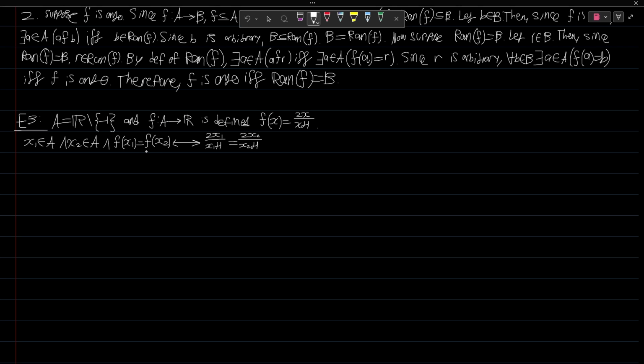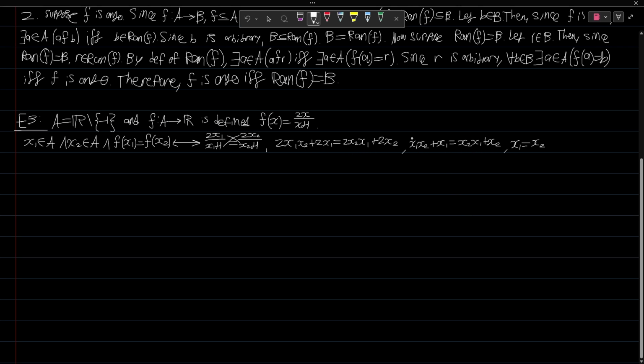Then this equivalence is true if and only if 2x1 on x1 plus 1 is equal to 2x2 on x2 plus 1. Then if we do cross multiplication with the denominators, we get this equation in which we can divide both sides by 2 to get this equation, where we can finally subtract x1 x2 from both sides to get x1 is equal to x2.